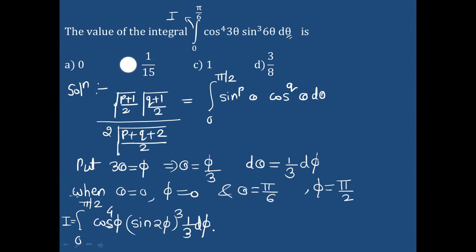Again, the variable has changed from theta to a new variable phi, so everywhere we want the angle as phi.